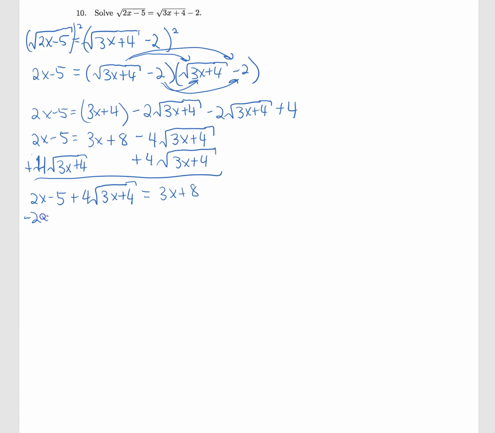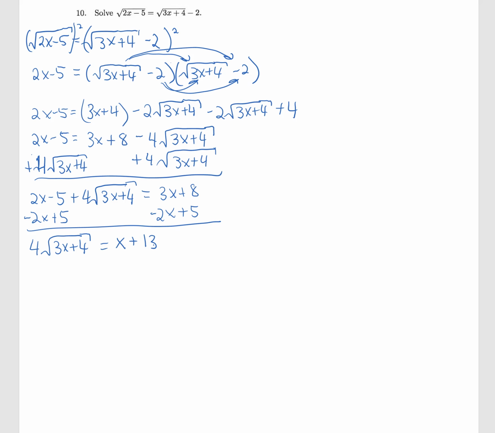I'm also going to move this 2x and minus 5 to the other side by subtracting 2x and adding 5. So it cancels out on this side. I'm left with 4 times the square root of 3x plus 4. And 3x minus 2x is just x. And a positive 8 plus a positive 5 is plus 13.